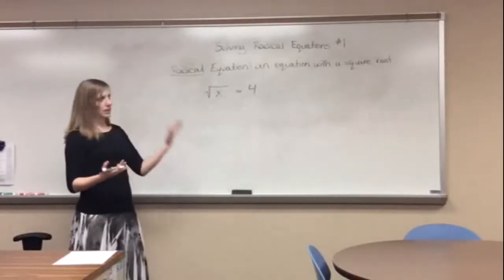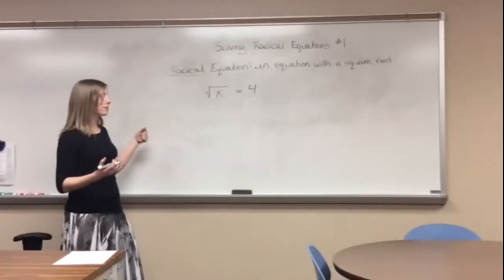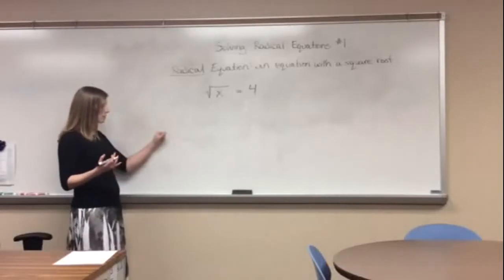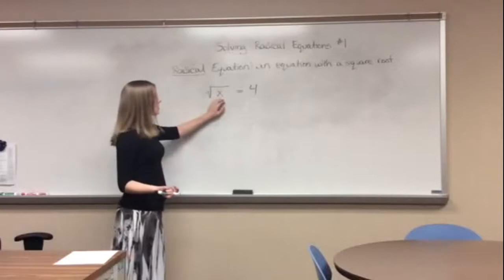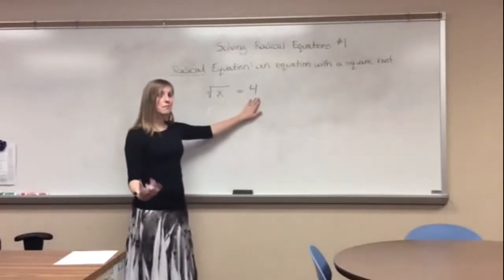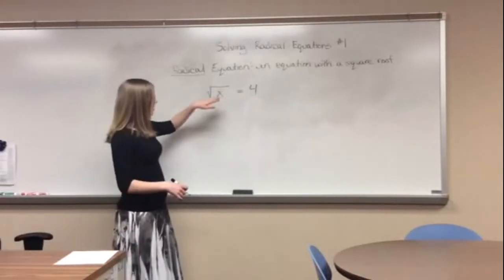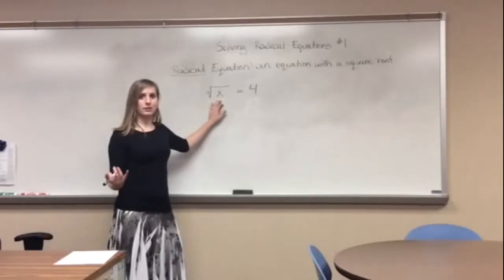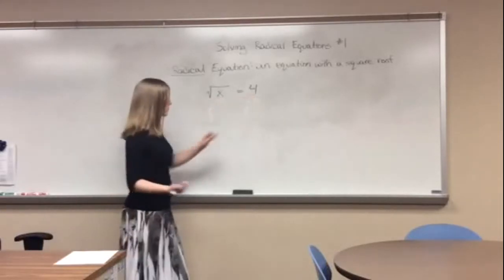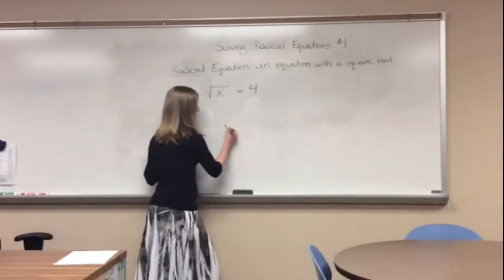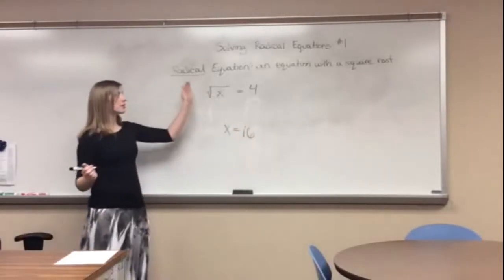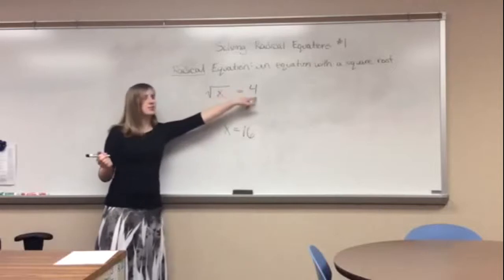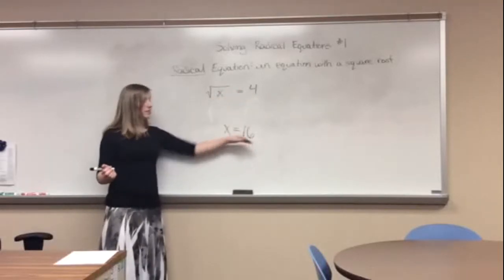So if we think that through, the square root of a number means that we're looking for a number that multiplies by itself to get the number under the square root. So if I multiply my number by itself, that will tell me what goes under the square root. So 4 times 4, I know that x should be 16. Because if I check that, the square root of 16 is 4. So I know that this is my answer.